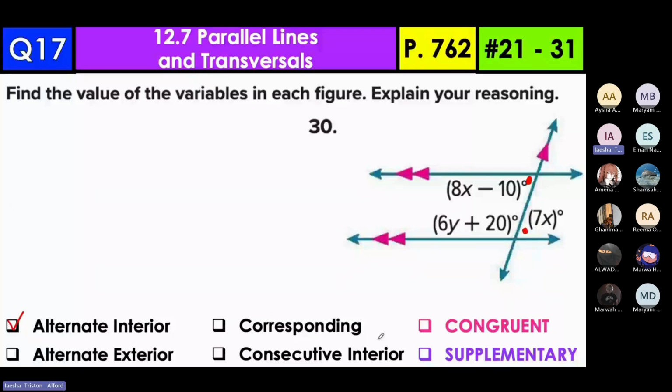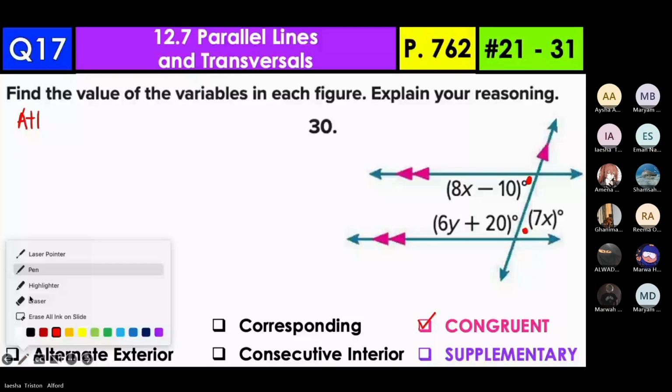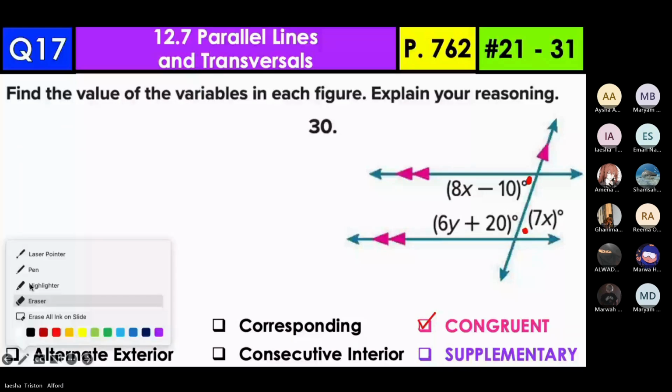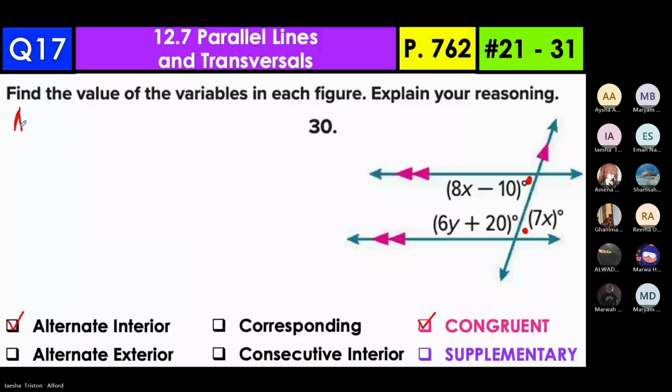Alternate interior is congruent or supplementary? Congruent. So you write alternate, fine, put ALT, and then interior.